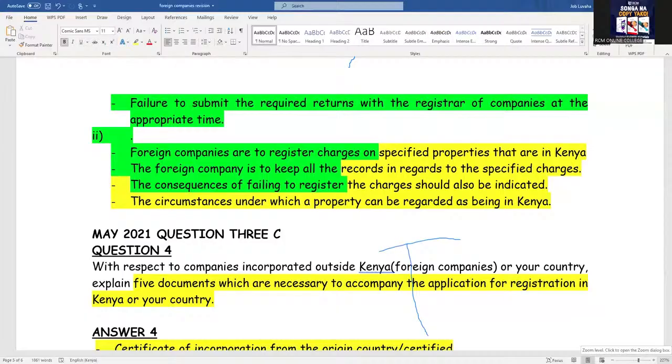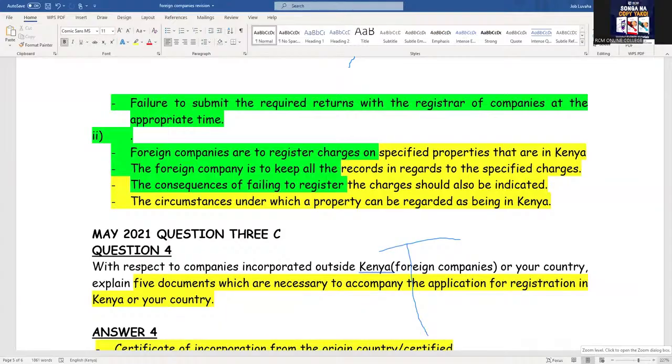Then if there are any consequences that can befall the company if there is any contravention to uphold the charges, they should be indicated in the document. Then the circumstances under which the property can be regarded as being in Kenya have to be explained, because if it is under charge by a foreign company, it is supposed to be registered with the registrar of companies.